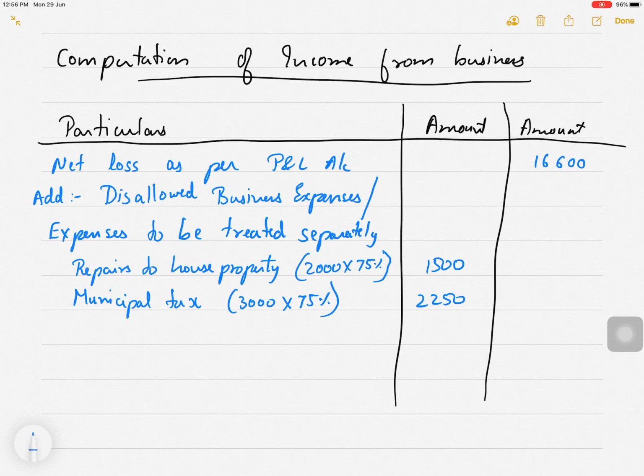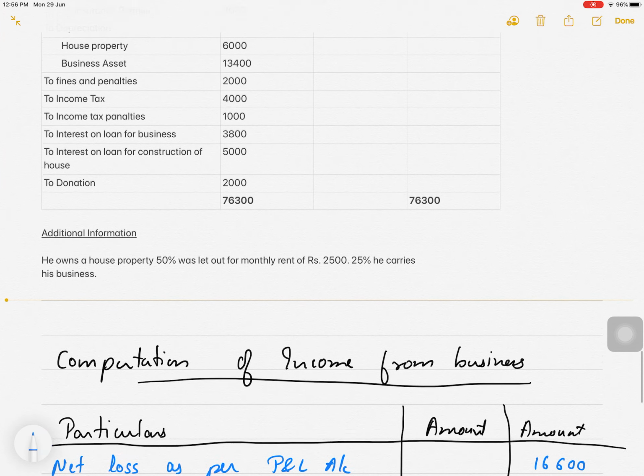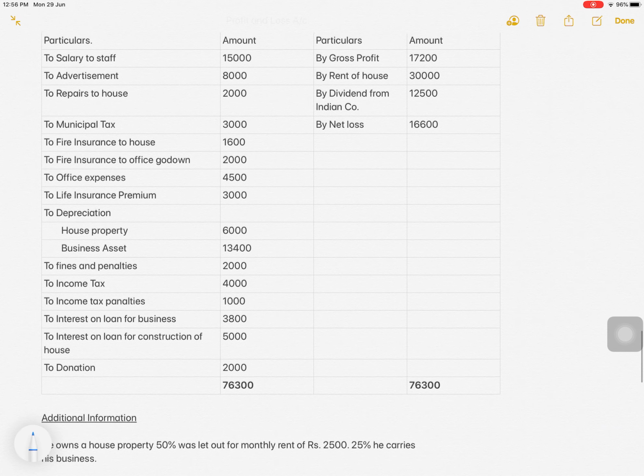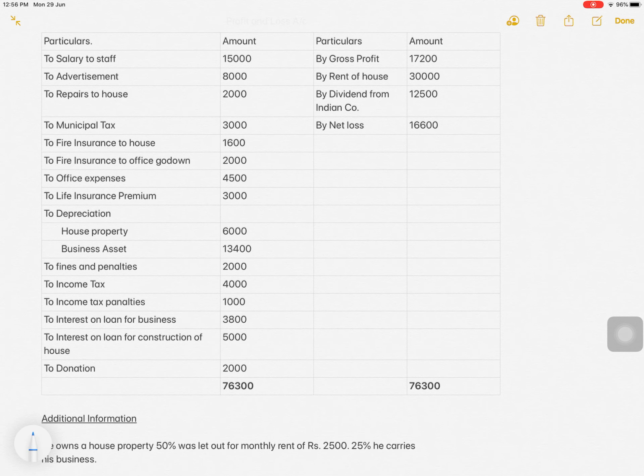It comes to 2,250. And fire insurance to house. Again, in this house 25% is business, so the remaining is disallowed. So 1,600 into 75%, so 1,200 is disallowed. Correct?